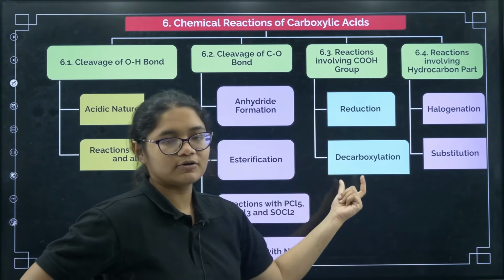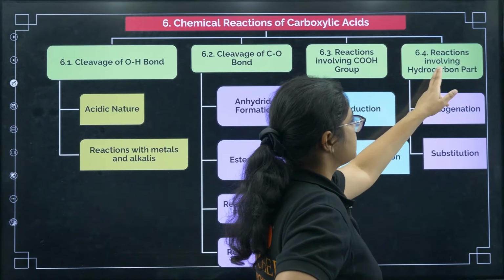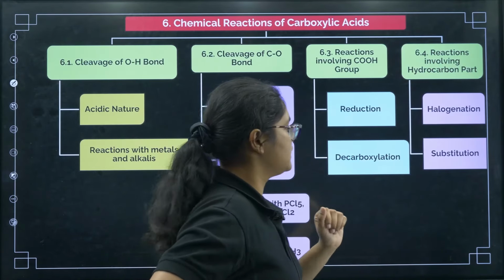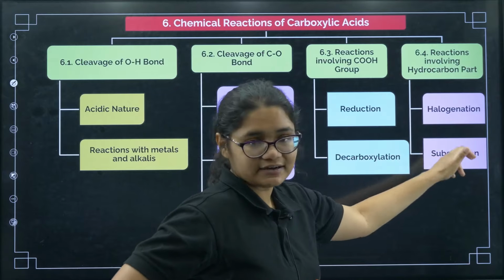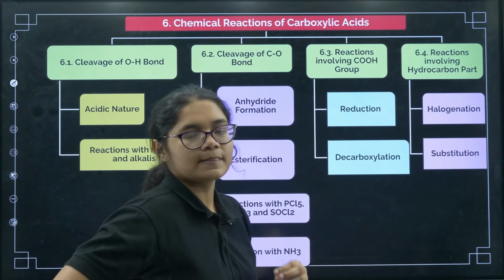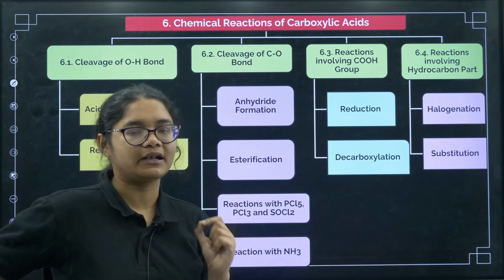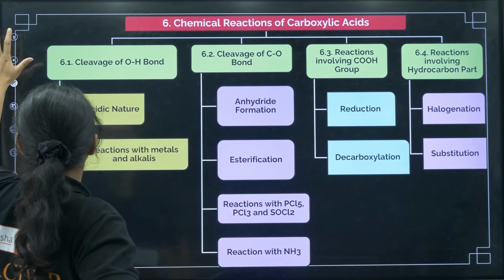Then you have decarboxylation, you can use soda lime. Reactions involving the hydrocarbon part include the HVZ reaction. In halogenation and substitution, since it is an electron withdrawing group, substitution will take place at the meta position.